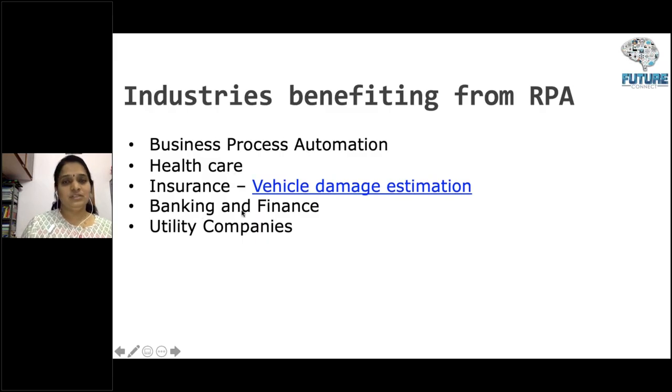And insurance, of course, vehicle damage estimation. If you have the experience of skipping your insurance process, and you are doing it a little later after the due date, you have to take your vehicle to that place for them to scan it and do your insurance process. It is a tedious process. Now they have come out with software which is combined with RPA. What they will do is send you a link.